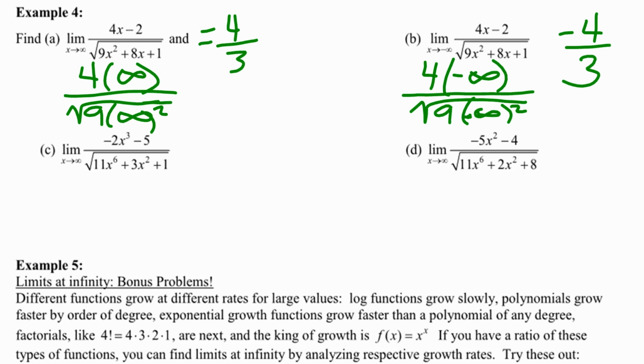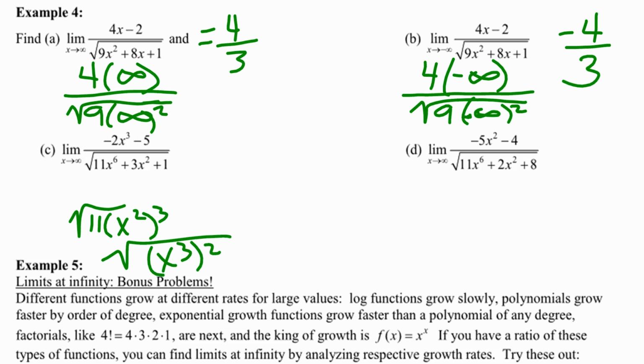Alright, so part C here, the degrees will be the same because the square root of x squared cubed, or x cubed squared, is the same degree as we plug in a very large number. We get negative 2 over the square root of 11. We'll just leave it in that form.